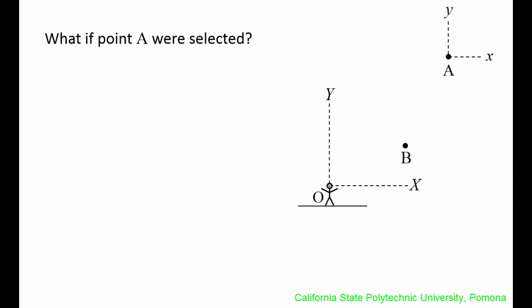Earlier, we arbitrarily selected particle B as the origin of the moving reference frame. Let's see what happens if particle A were selected instead. RA and RB are the same as before because these are the position vectors of the two particles from the fixed reference frame. RBA represents the position of particle B from particle A's point of view.